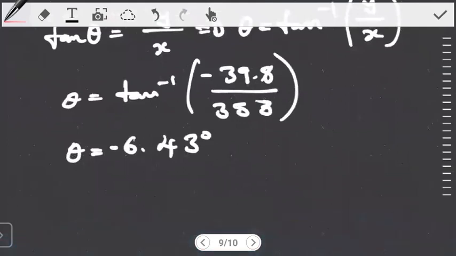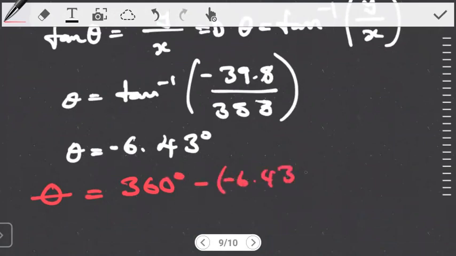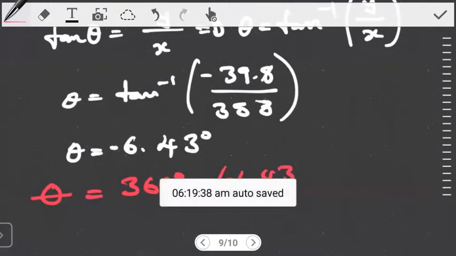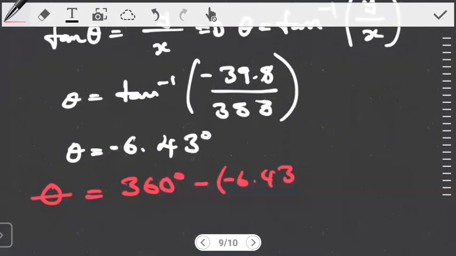So to get the answer, we have to subtract from 360 degrees. We're not going to subtract the negative. Don't say we subtract negative 6.43. No, I'm not going to do this. This negative, which comes with the 6.43, was just telling us that this angle was measured in that direction. Here we just want to find the remaining piece when the 6.43 is removed from that 360.